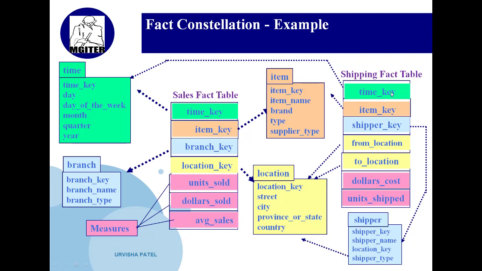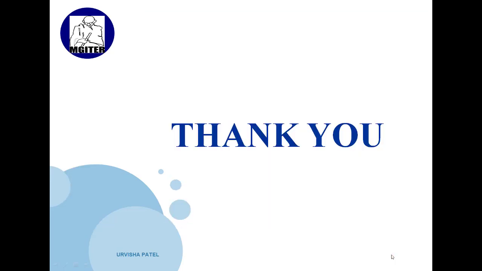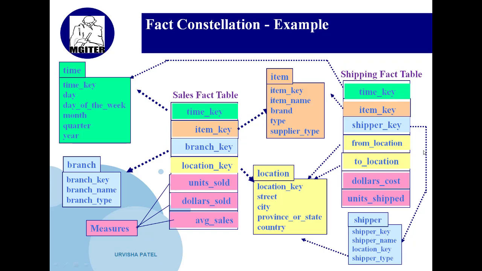The shipping fact table is connected with the time dimension table, item dimension table, shipper dimension table, and location dimension table, and here we have two measures, dollar cost and units shipped.